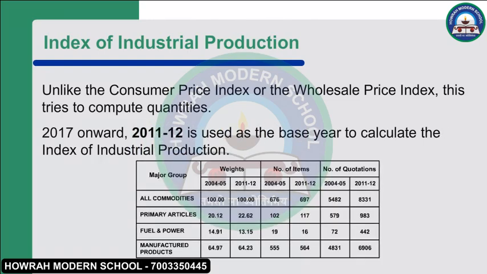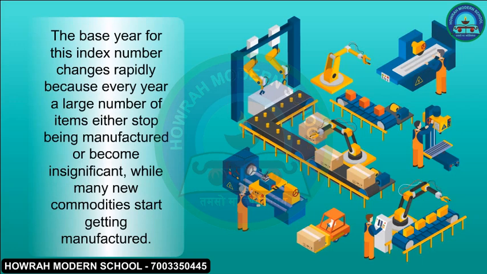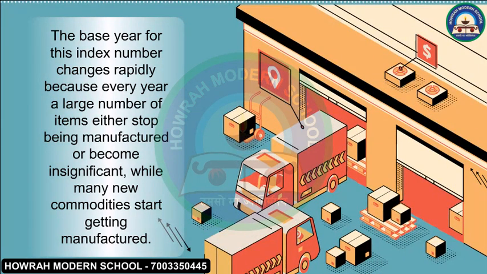From 2017 onwards, 2011-12 is used as the base year to calculate the Index of Industrial Production. The base year for this index number changes rapidly because every year a large number of items either stop being manufactured or become insignificant, while many new commodities start getting manufactured.